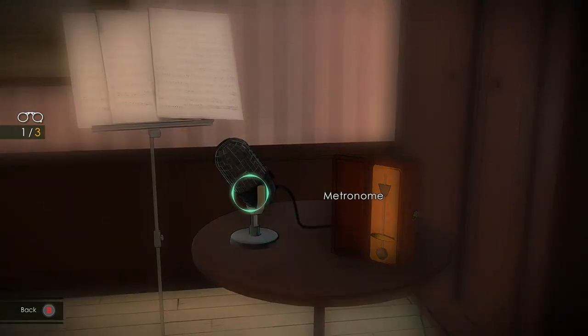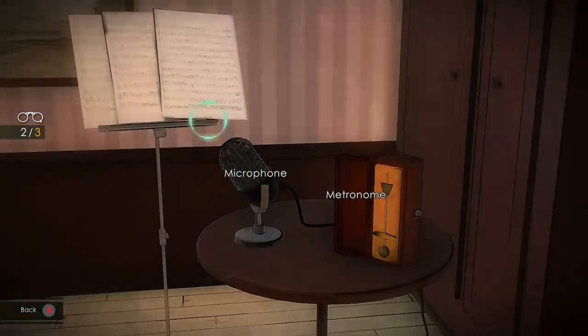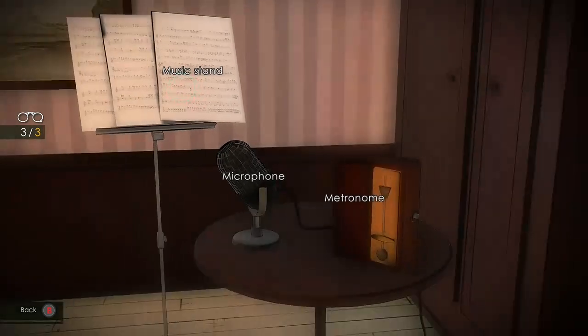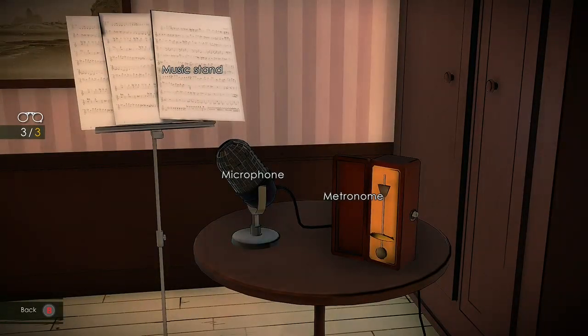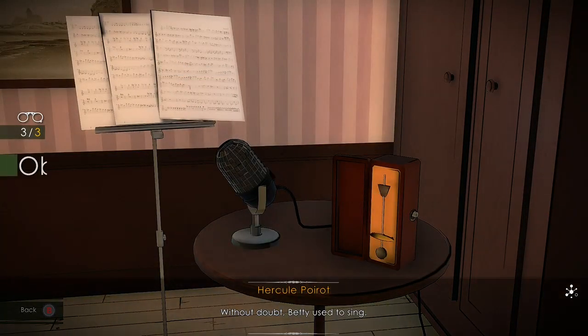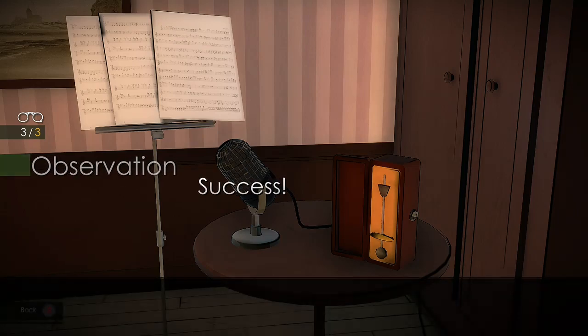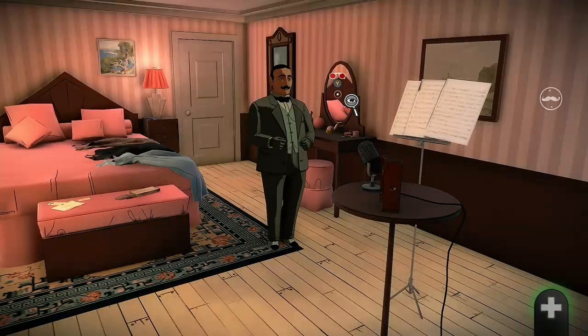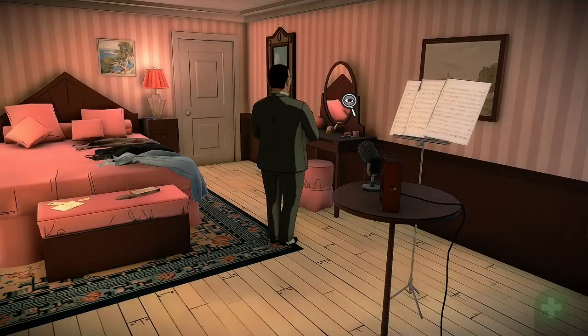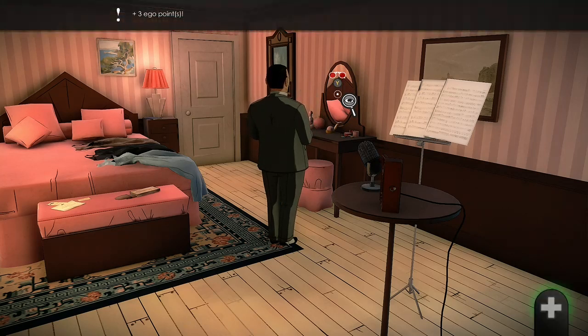A metronome. Was she a singer as well? Without a doubt, Betty used to sing.